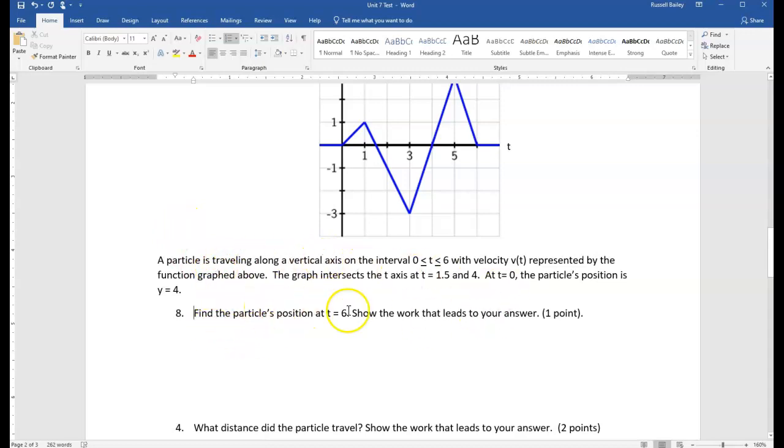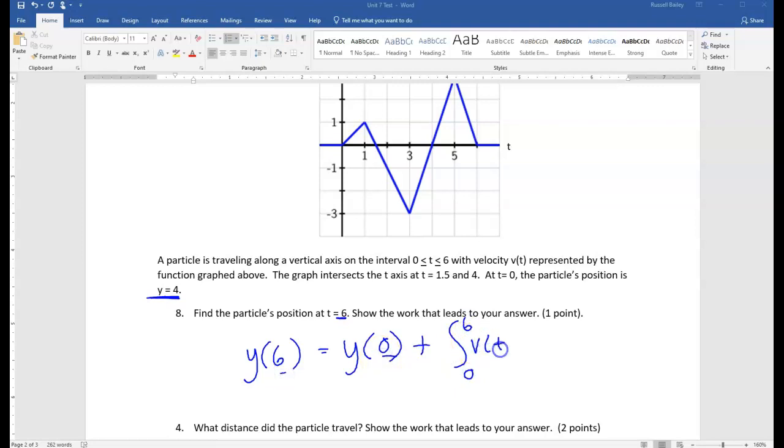All right. A particle is traveling along. Okay, I don't need to read that again. Find the particle's position. All right, so we know how to find position, right? Now, notice we're using the letter Y for position here. So the particle's position at t equals 6 is equal to the particle's starting position at t equals 0 plus the integral from 0 to 6. Now my starting position is 4.